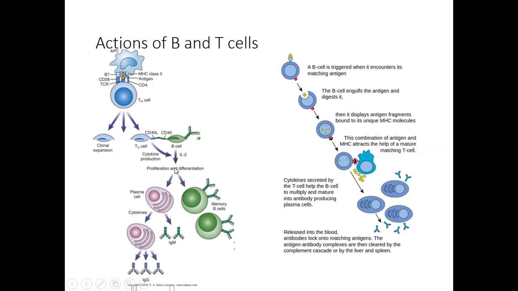And then what else happens? This is the differentiation, right? Proliferation and differentiation produce this new plasma cell, developed from a mature B cell, which produces an antibody. Fantastic. What else do we know the second part of the humoral immune response is?